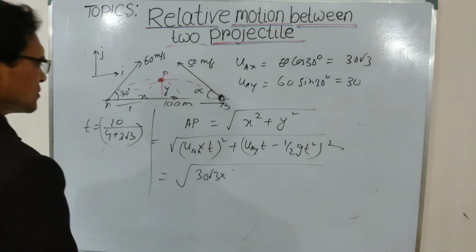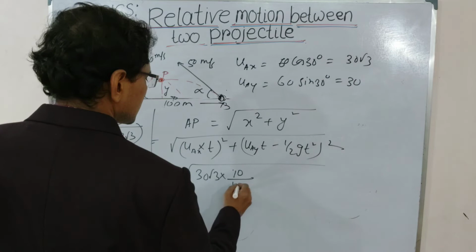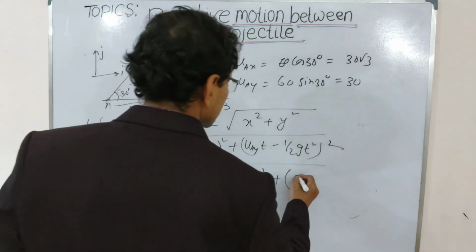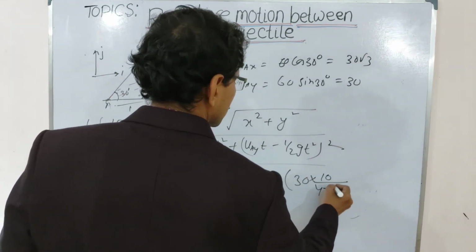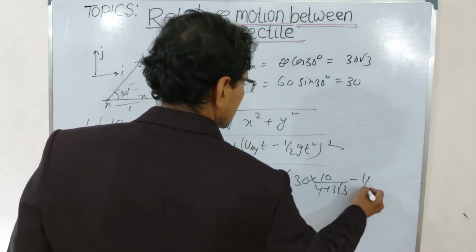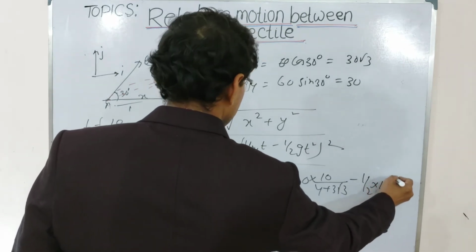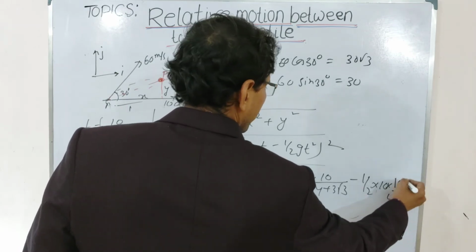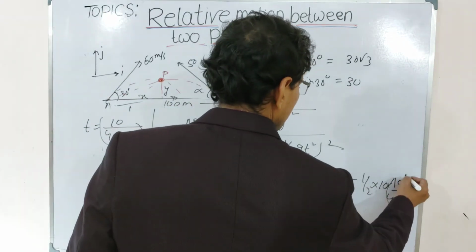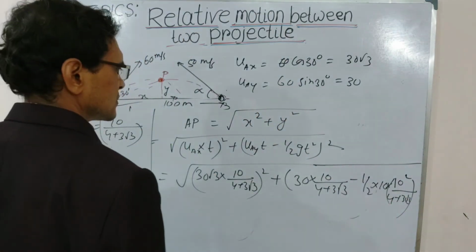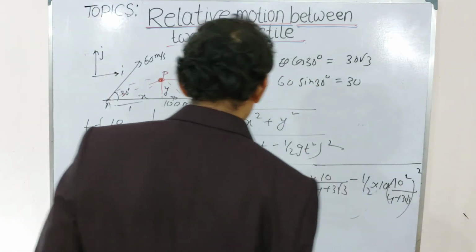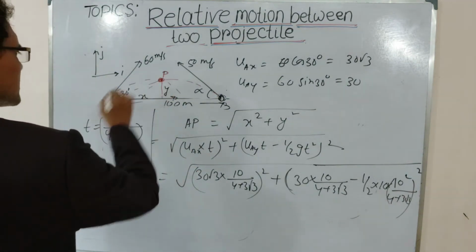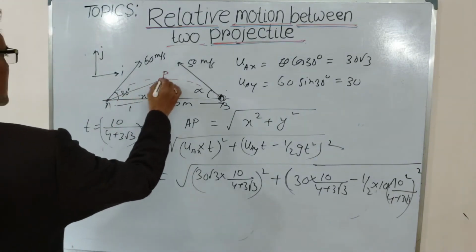This is the value of T. So put it in this whole square. Just put the value of T and you get the result AP. AP is the distance of the point where the two bodies collide from the point A. So this is the distance AP.